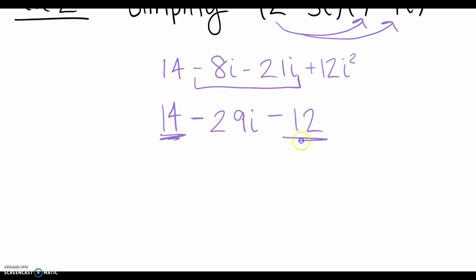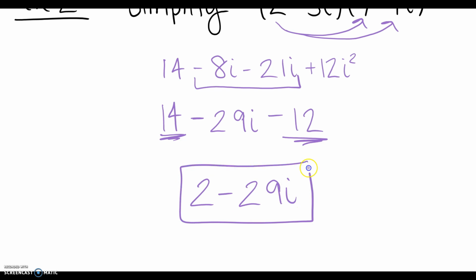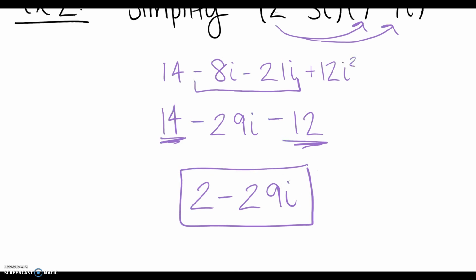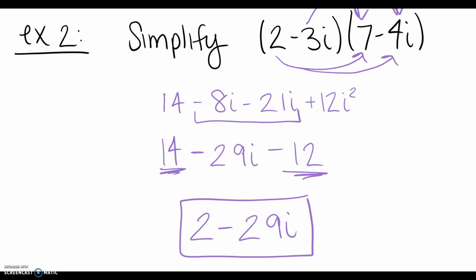And now we can combine our 14 minus 12, which is 2. And we're left with 2 minus 29i. And that's it. So the thing when multiplying to be careful of is going to be those i squareds, and remembering it's the same as -1.